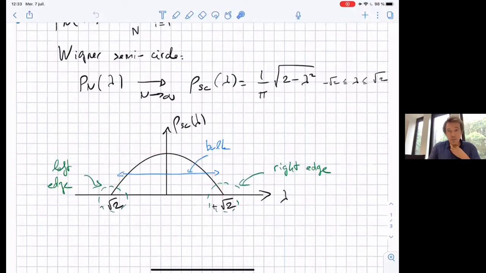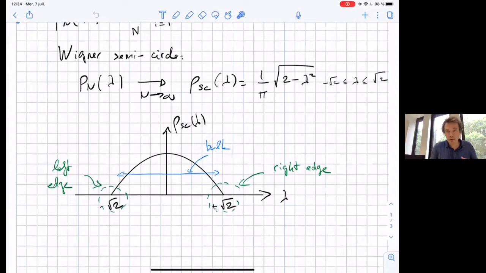And one important point that I discussed is that there are essentially two distinct regimes when you look at local correlations in this model. One, which we usually call the bulk, which means roughly speaking the center, or close to zero, or not too close to the edges. So that's the bulk part.